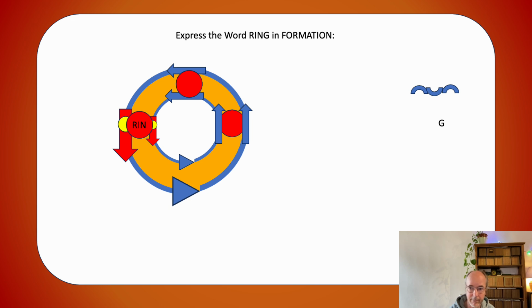Very basically, it is the expression of the ring, and the G is again showing that there is a border in it, that the border is important. It's not rin, that is different.